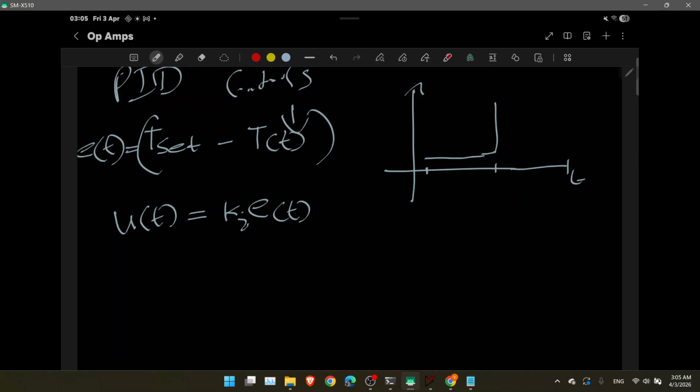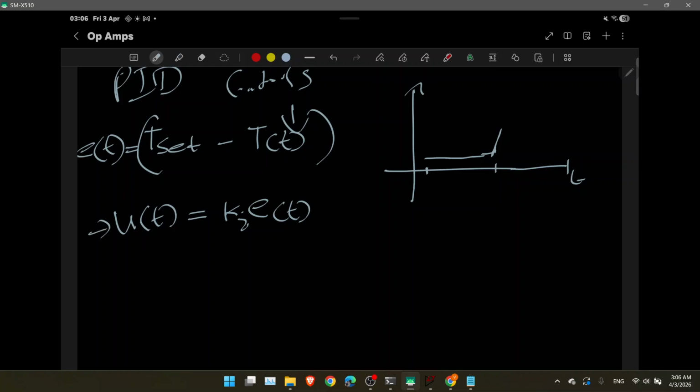It suddenly goes up. Maybe that sudden rise may have a very dangerous impact. So what we do is to correct this.